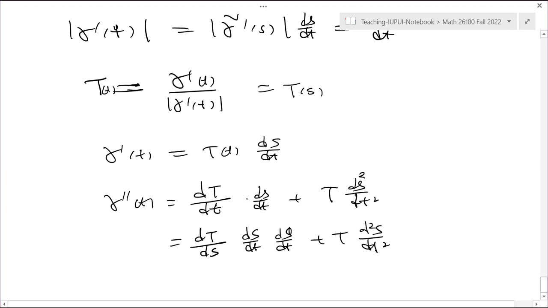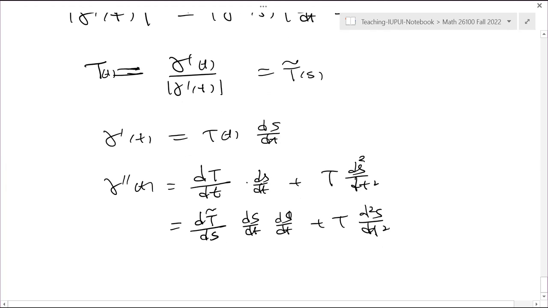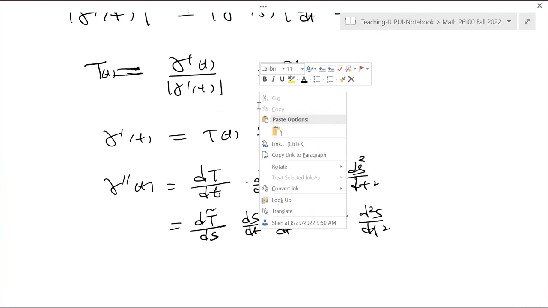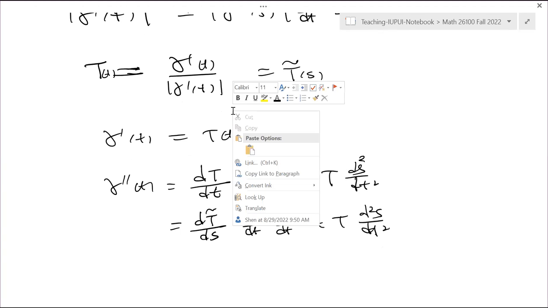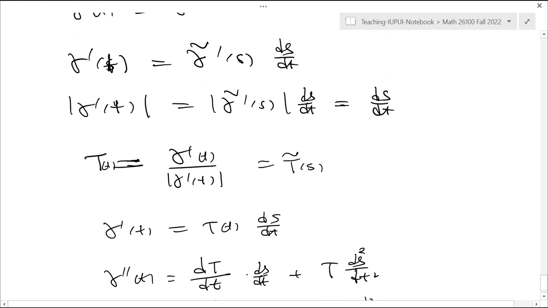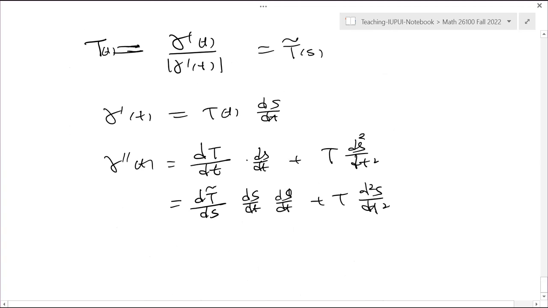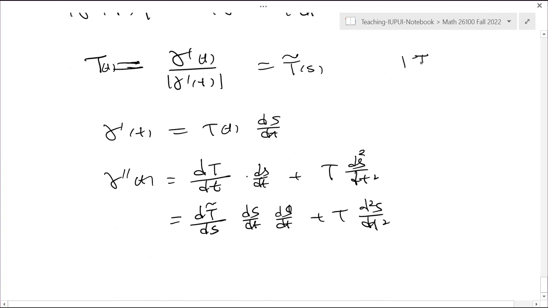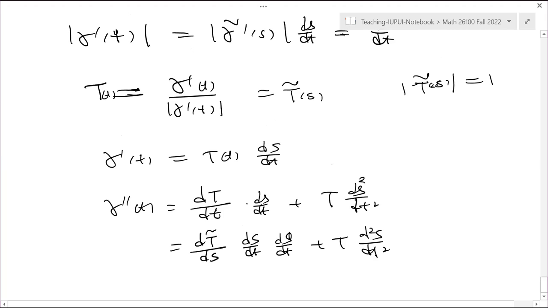So let's use this one. It's the same, but the parameter is different, that's why the function is different. This is a unit vector. This is also going to be gamma prime tilde.